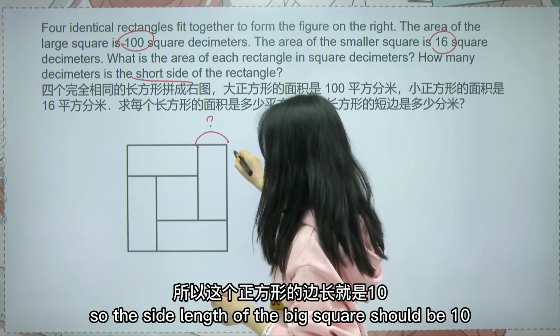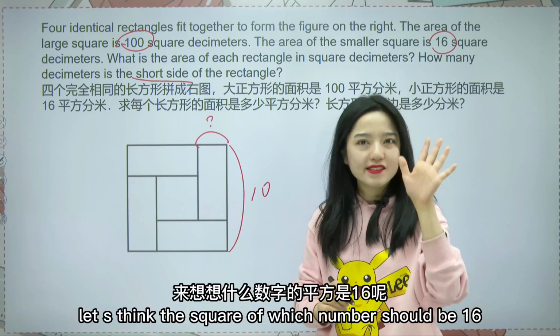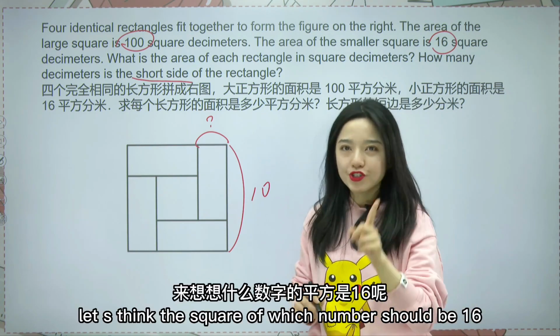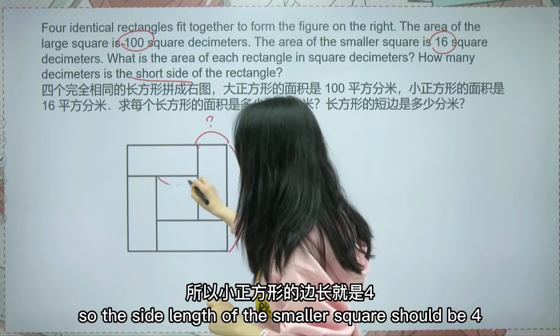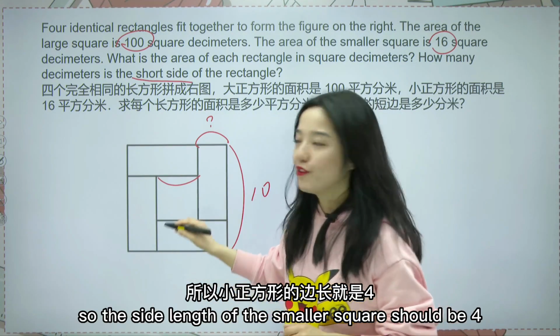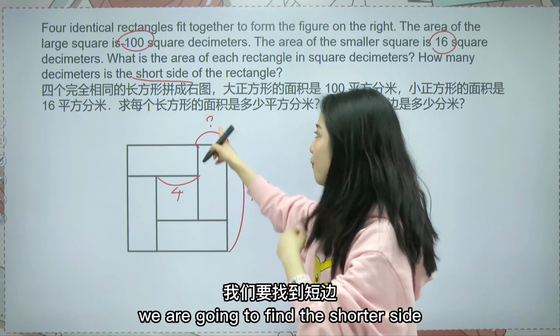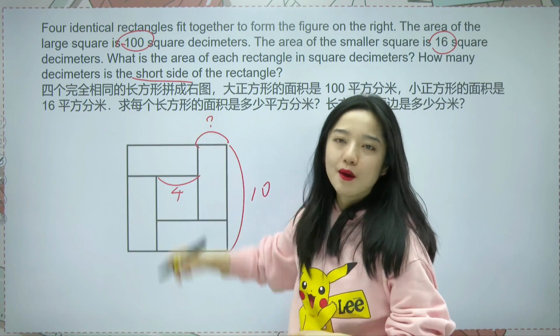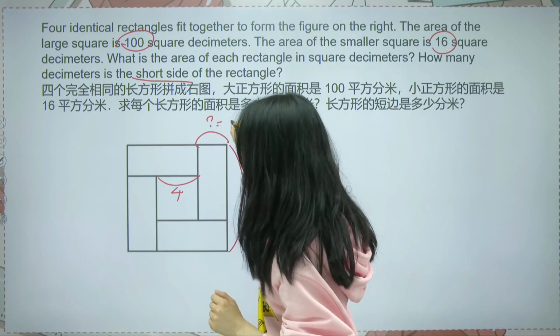That's 10. So the side length of the big square should be 10. The square of which number should be 16? So, the side length of the smaller square should be 4. Now, we are going to find the shorter side because we don't know it. So, let's suppose it's A.